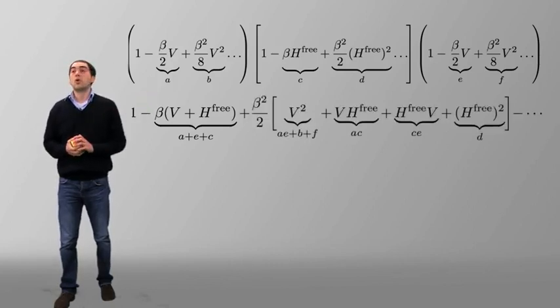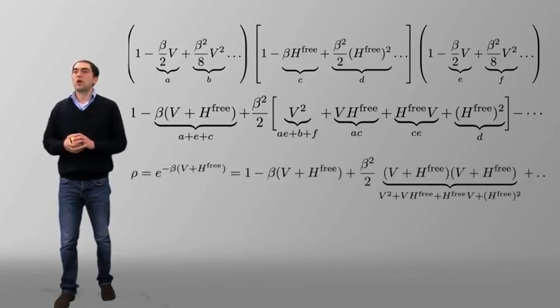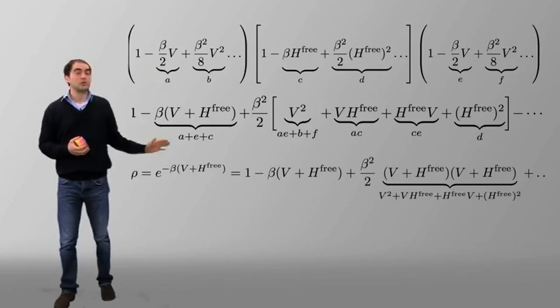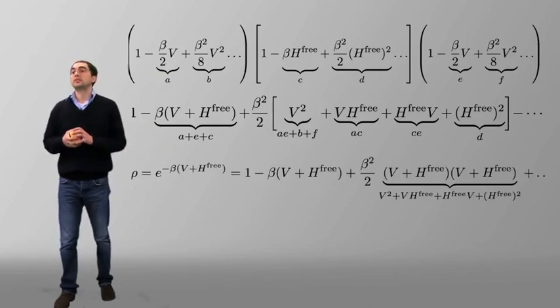This expression fully agrees with the direct expansion of the full density matrix. These two equations prove that the Trotter expansion is correct up to beta square. Please note that these manipulations are valid on operators and wave functions in a finite box.